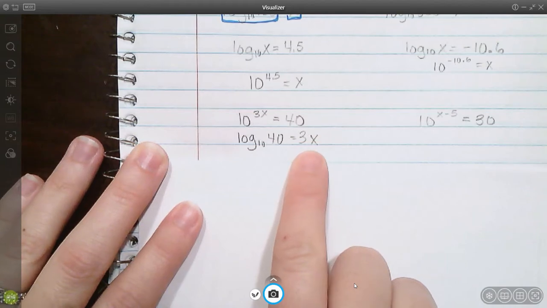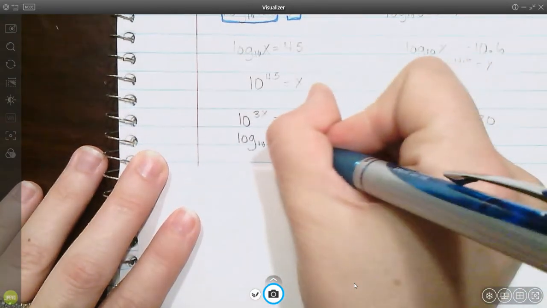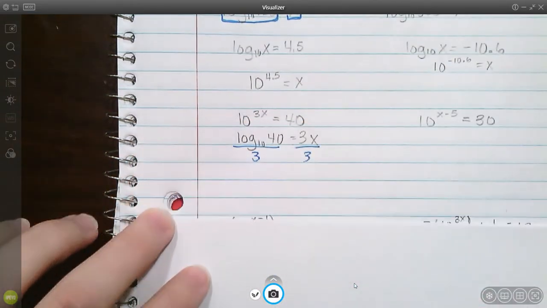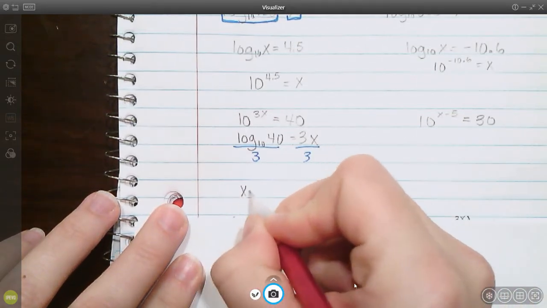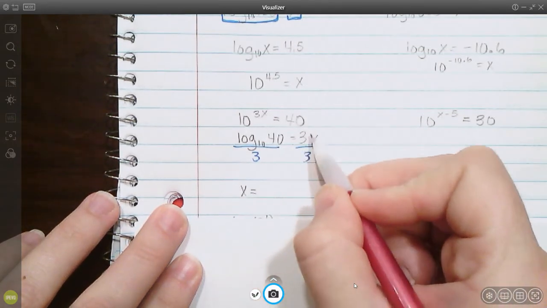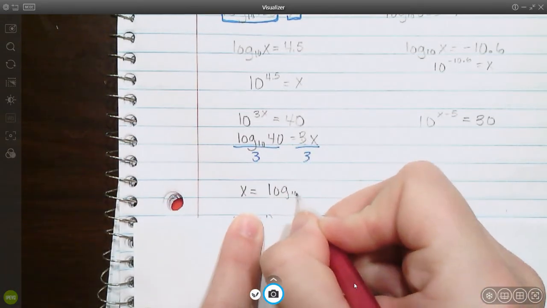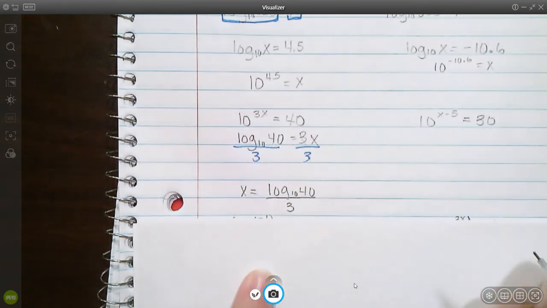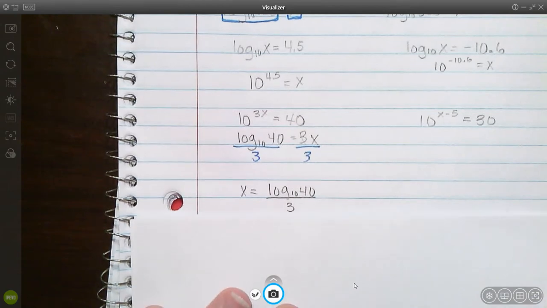So to solve for x, this says 3 times x, so you're actually going to divide by 3 on both sides, and you end up with x equals, so these 3's cross out, and you're left with log base 10 of 40 divided by 3. And that is an answer written in calculator ready form because you have x by itself and this you can type in.